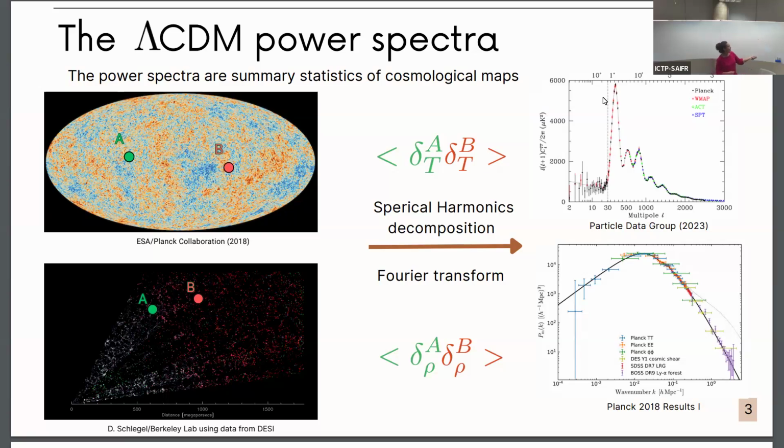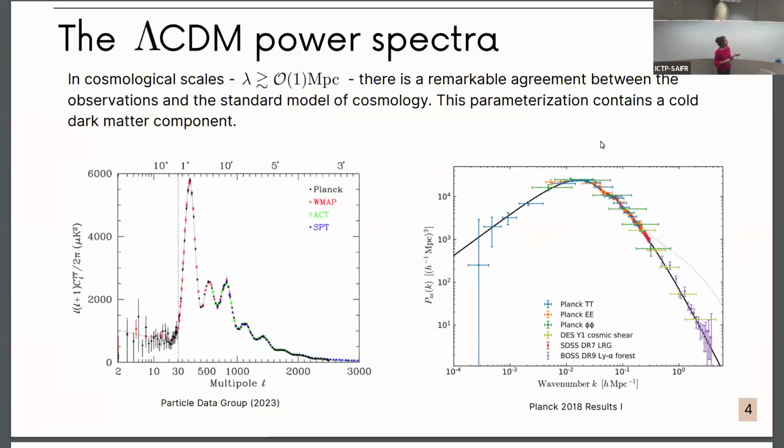So we measure the correlation function of the density based on the galaxy positions. It's not that straightforward, right? Because we just see galaxies, we do not see dark matter. But with a lot of mathematics and modeling, you connect this with a Fourier transform to the matter power spectrum. And these spectra are important pillars of observational cosmology.